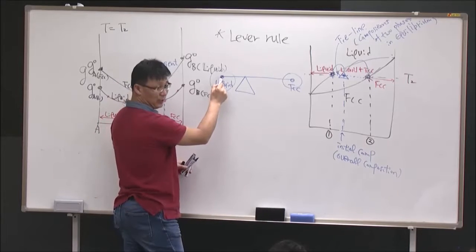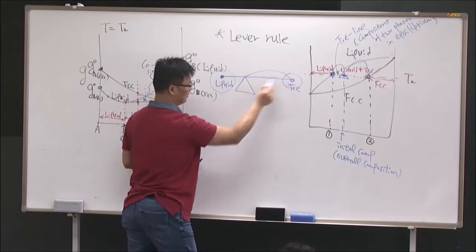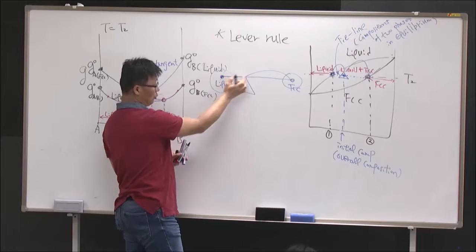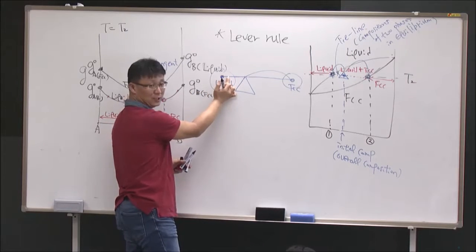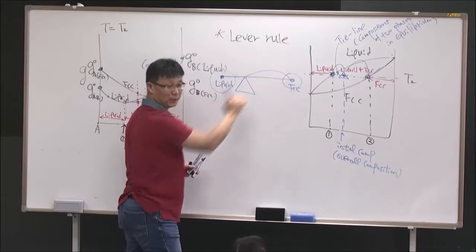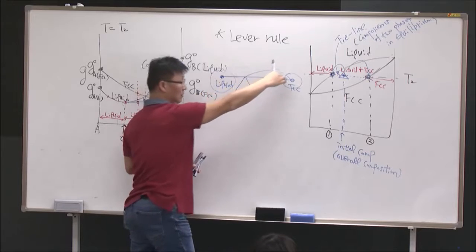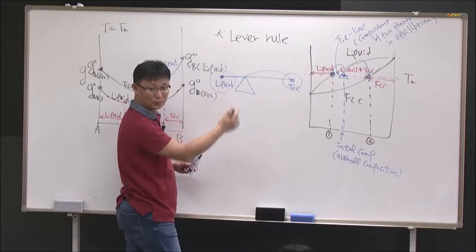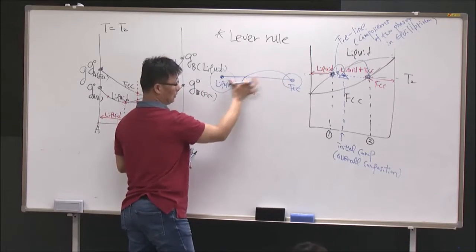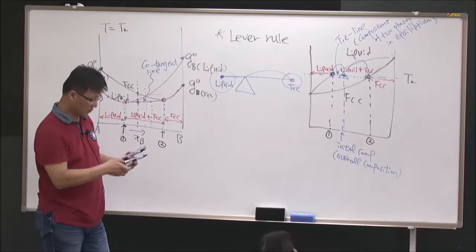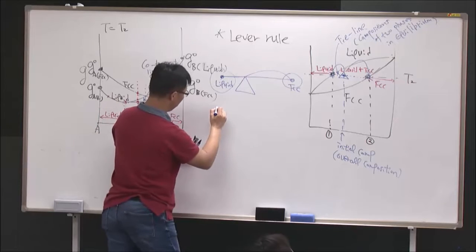So the weight of this phase should be this divided by this one, yeah? If the seesaw stand is closer to this side, you should put more weight here and less weight here. So the difference in weight is really the difference between these two distances.